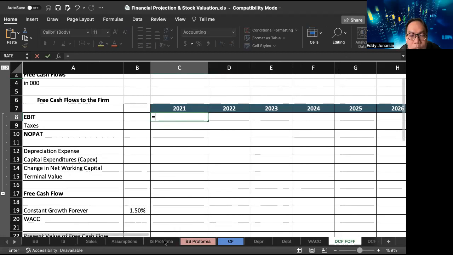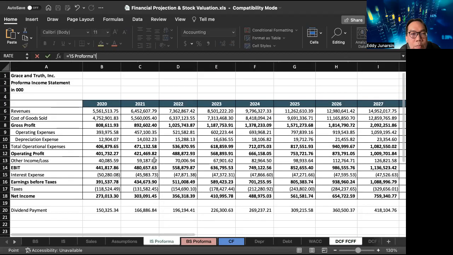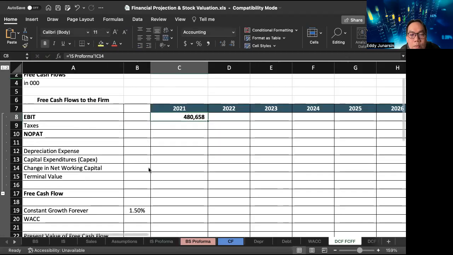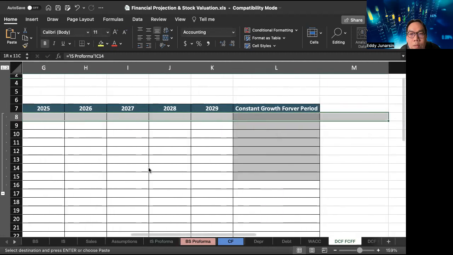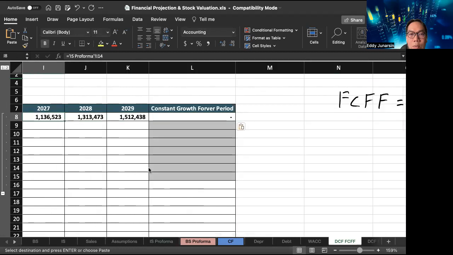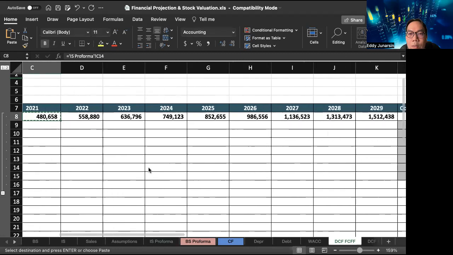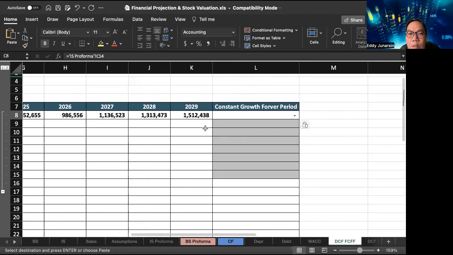And we have it somewhere, the income statement, pro forma income statement, your EBIT here. Maybe 2021. Yes. Okay, and okay, 2029.